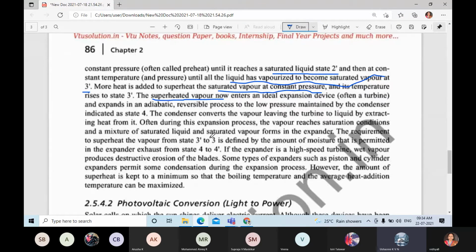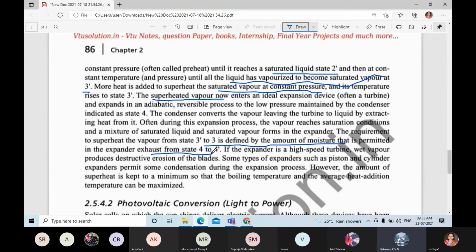After the expansion process, the vapor reaches saturation and reaches state 1, maintaining saturated liquid and saturated vapor formed in the expander. Now 3 dash to 3 is the superheat, and 4 to 4 dash is the amount of moisture.